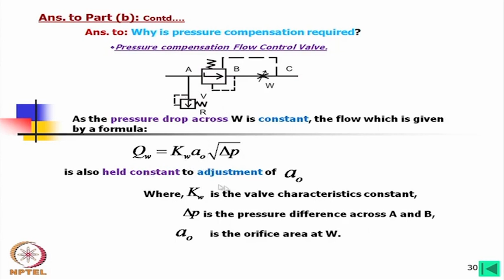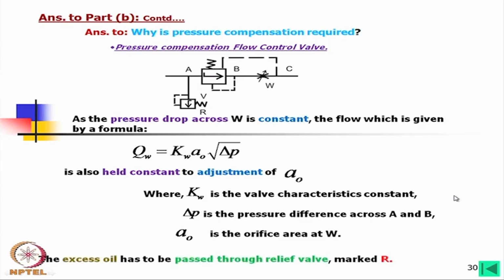With this pressure compensation valve, this A0 is adjusted, so the pressure difference is kept constant as well as the area kept constant to give a desired flow. We can change it only by changing this area here. The excess oil has to be passed through the relief valve marked R.